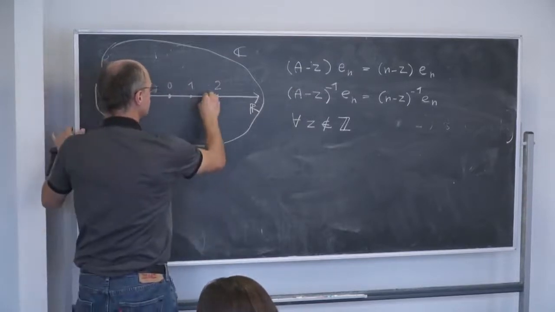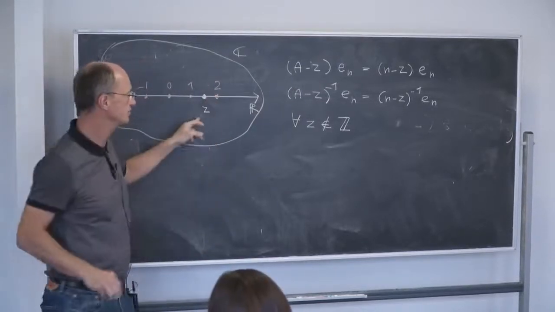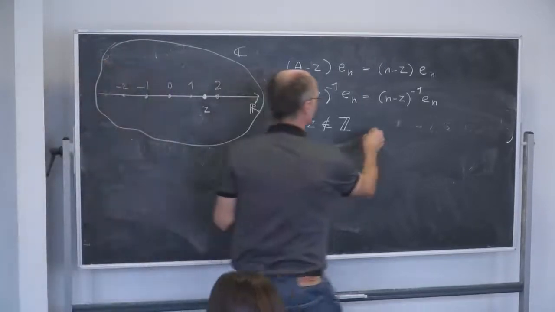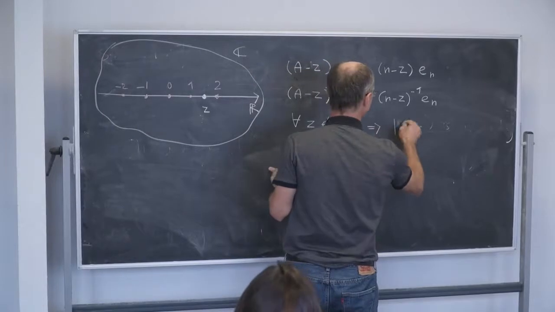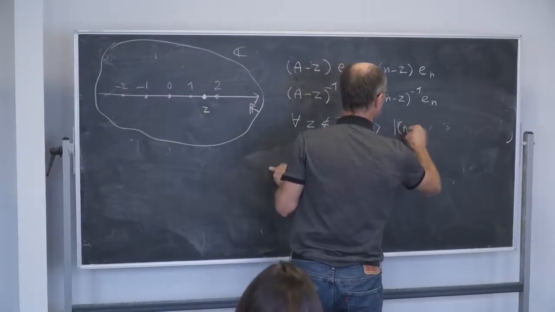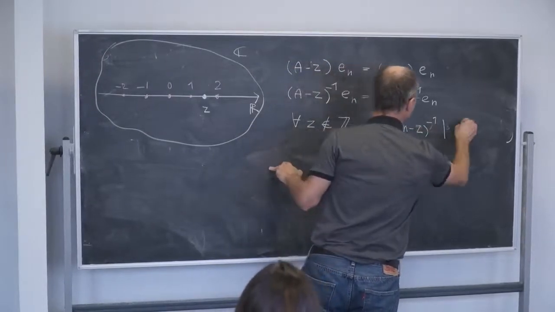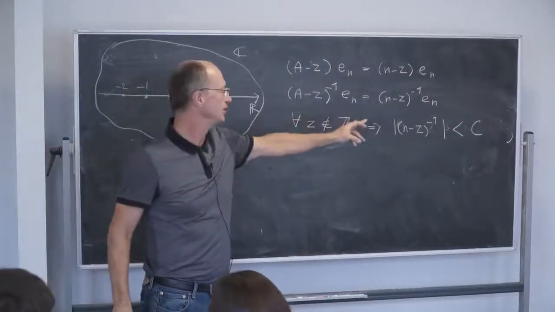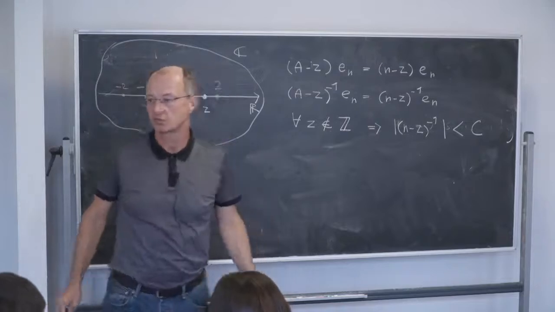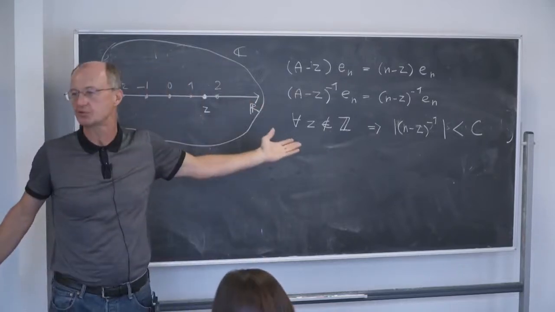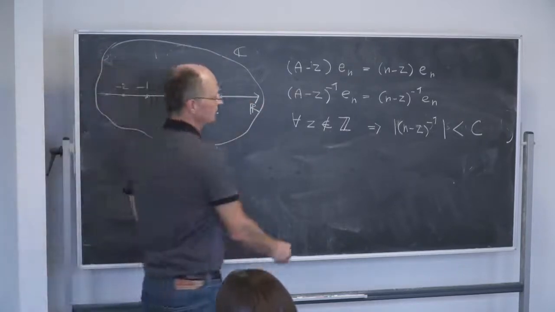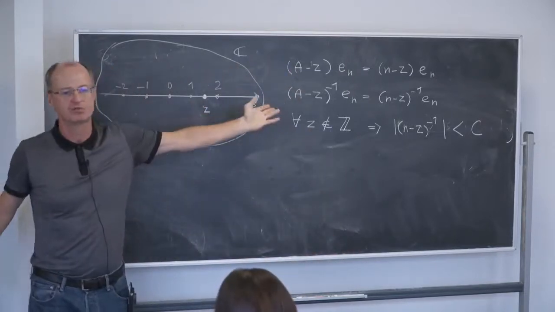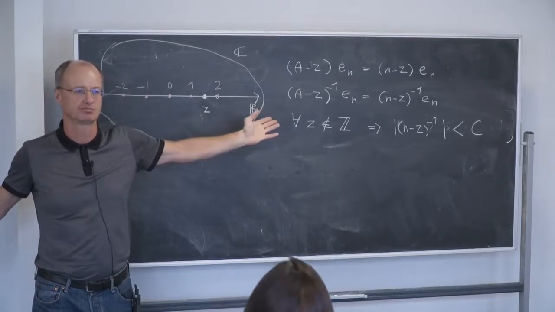I can, for instance, put my z here. If I choose a z outside the set of integers, I see that the absolute value of n minus z inverse is bounded. So this does define a bounded operator. And moreover, if z is real, this bounded operator will be even self-adjoint, right?